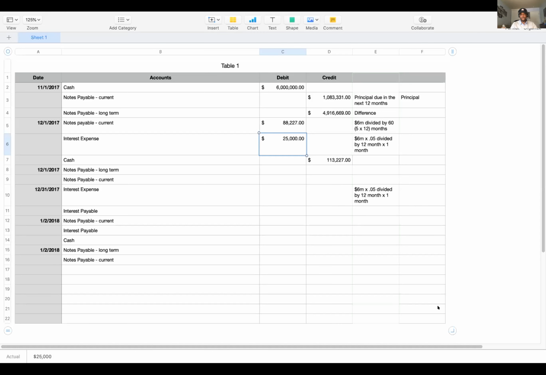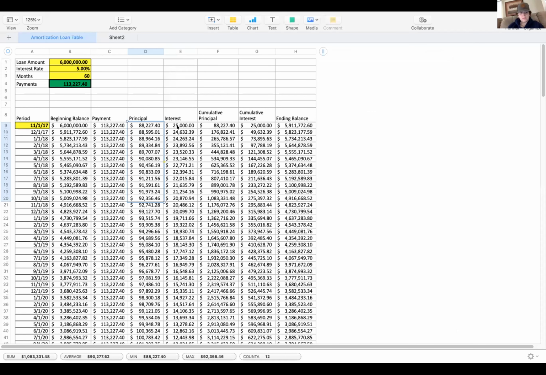You'll see the 25,000 right here, the 88,227 right here. So you're just taking this information, credit cash. This is your credit to cash. This is your debit to notes payable, short term. And this is your debit to interest.